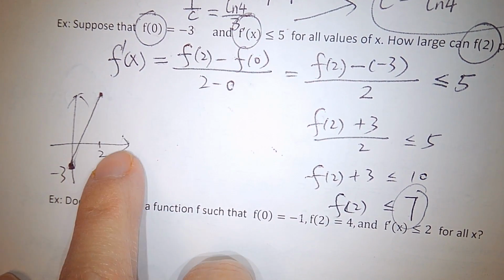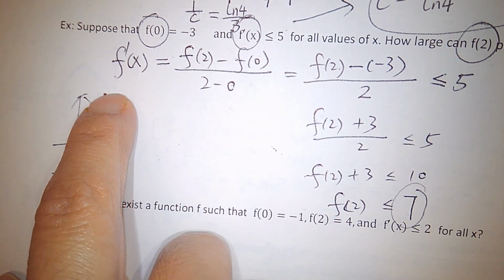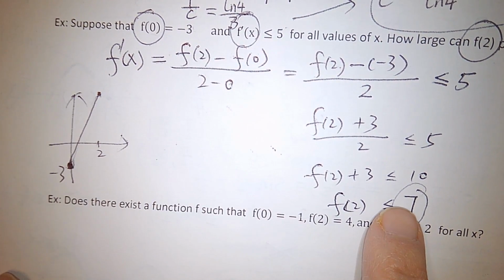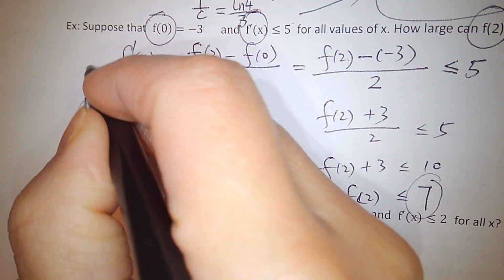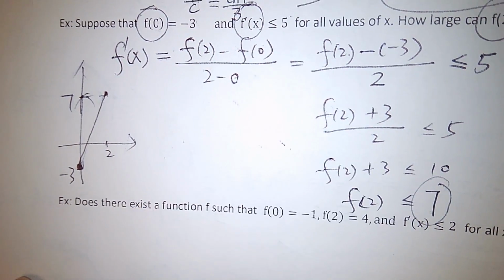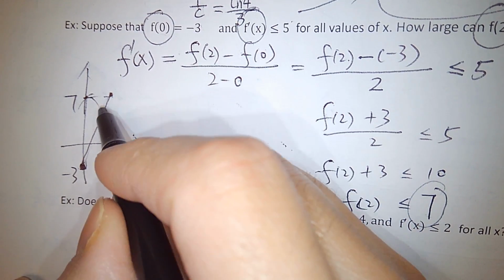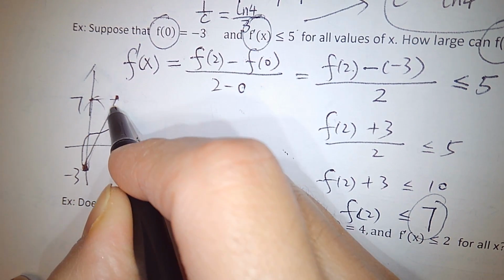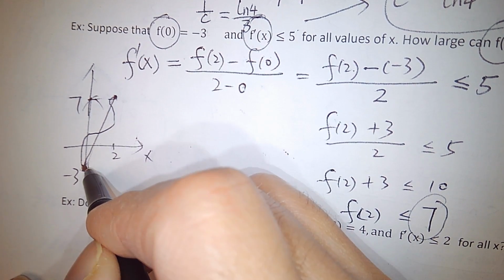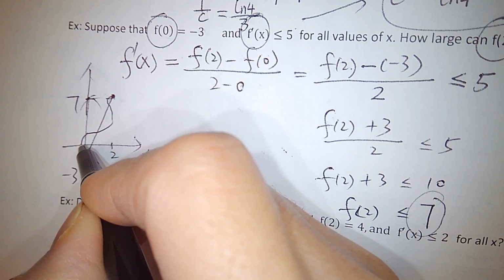So that means when x equals 2, the maximum value, when we solve for it, should be less than or equal to what? 7. We have no idea what this f looks like when x is between 0 and 2.